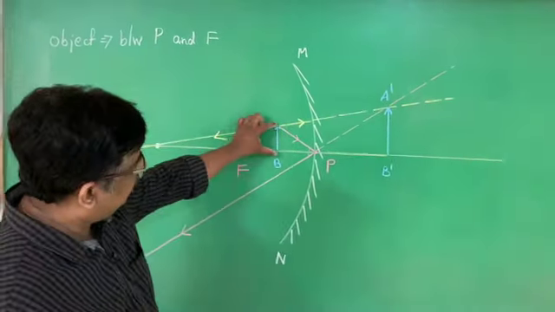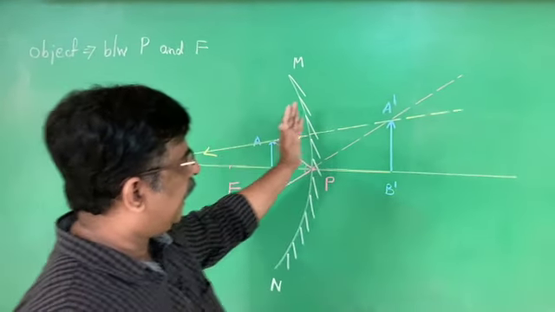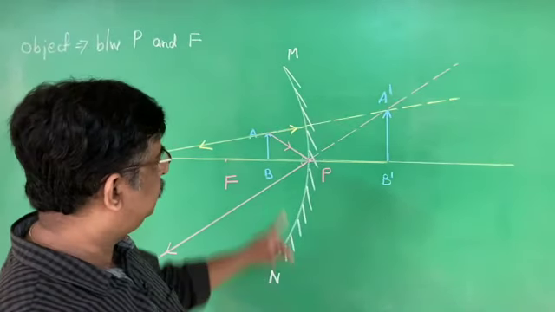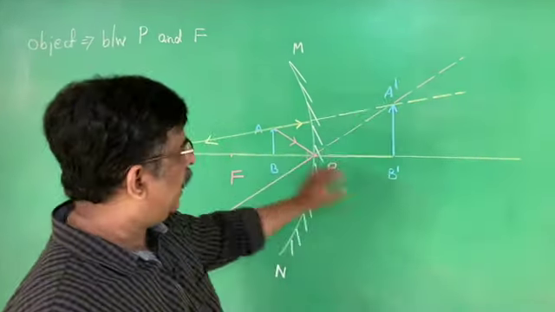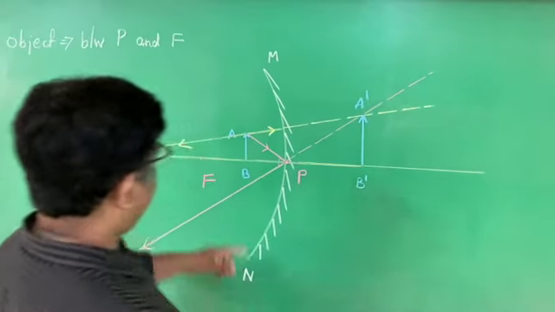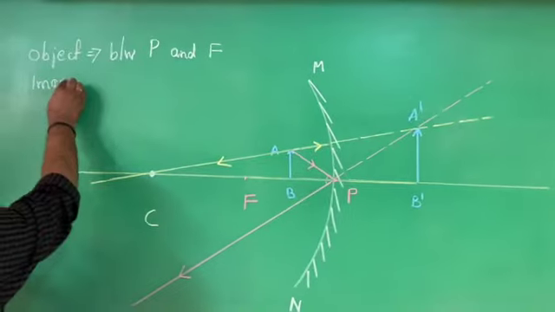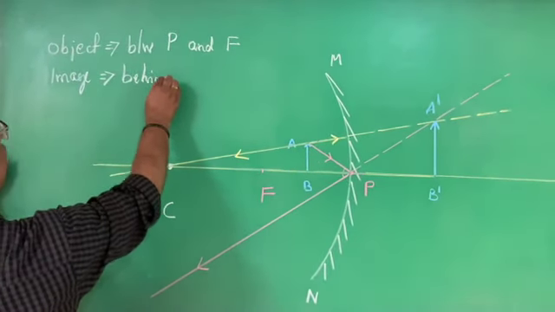The image is formed behind the mirror. Since the image is from behind the mirror, it is virtual. And the second thing is, it is erect. It is A dash, B dash, erect, and it looks enlarged. It is bigger. Therefore, when the object is placed between P and F, the image is formed behind the mirror.